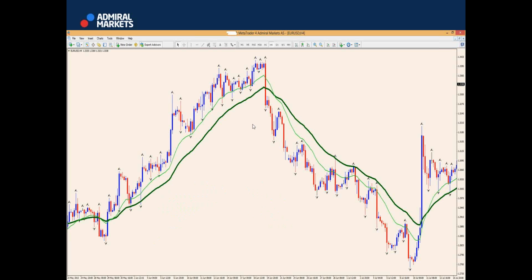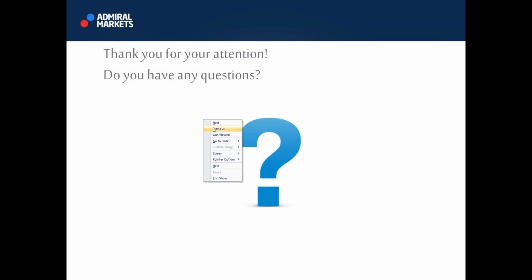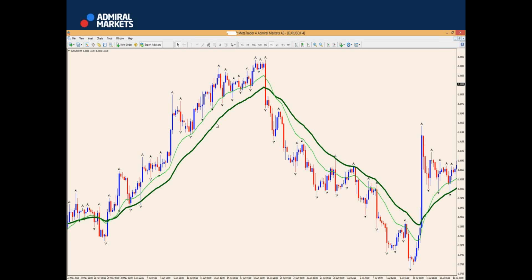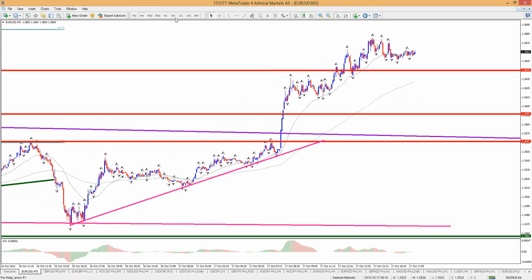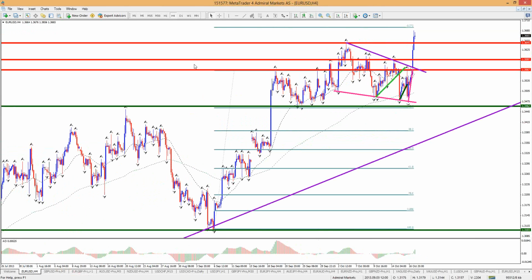Alrighty. Sorry. Oh, well, that wraps it up, I guess. I thought I had one more slide, but I guess not. So this is the 4-hour chart on the euro. Well, let me quickly show you otherwise a chart here. Maybe we can use this euro as an example. This is the 4-hour world, right?